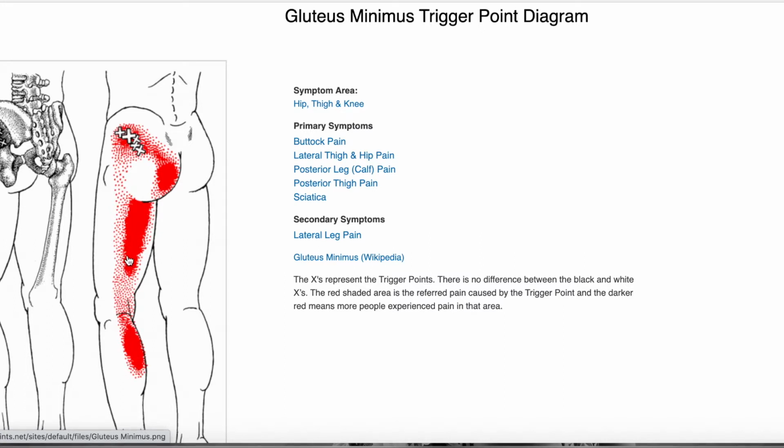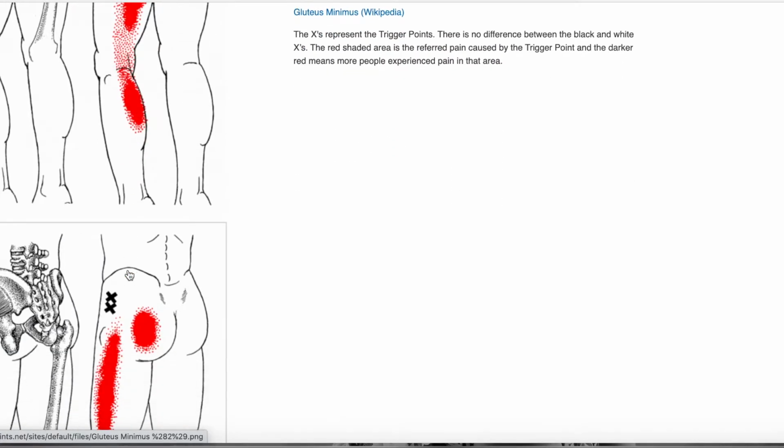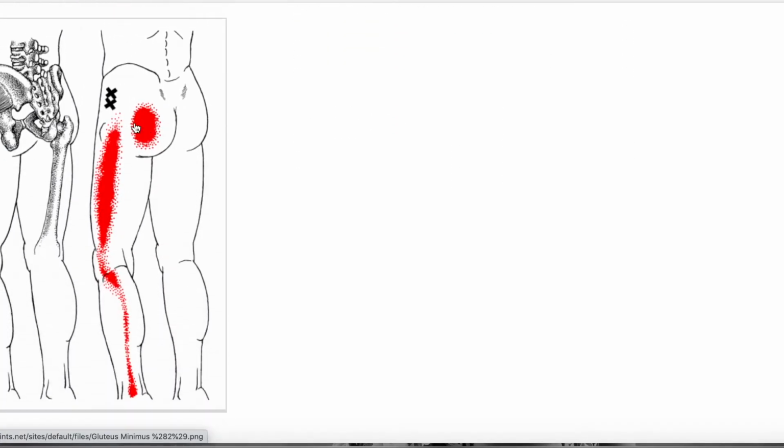This guy right here is a little bit less occurring in the people that I see. This is the one that I see a lot of. Okay, glute minimus, again, we have more lateral trigger points that are now pushing a lot of the pain, as you can see here, into the lateral aspect of the thigh, also down into the calf.